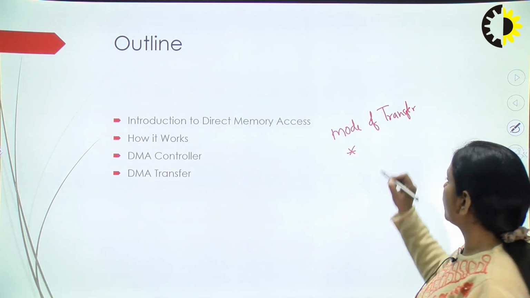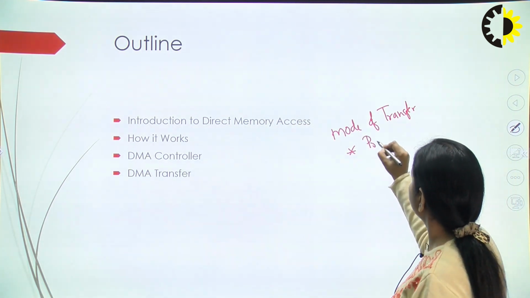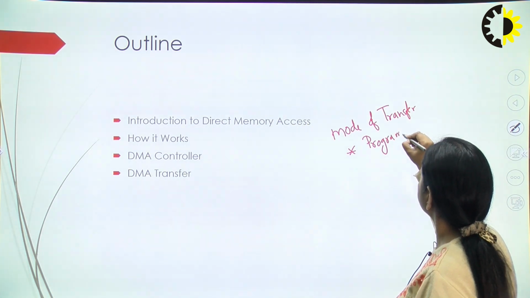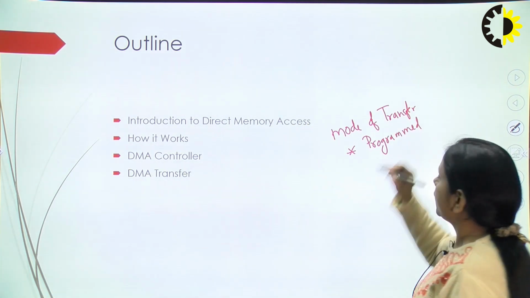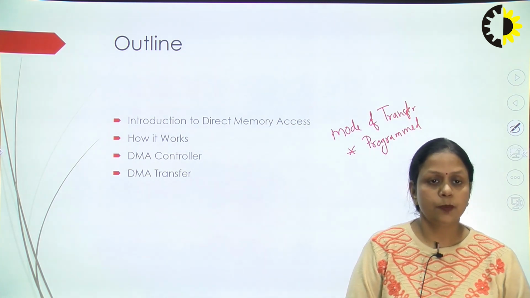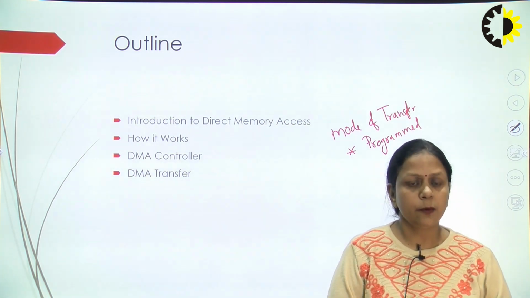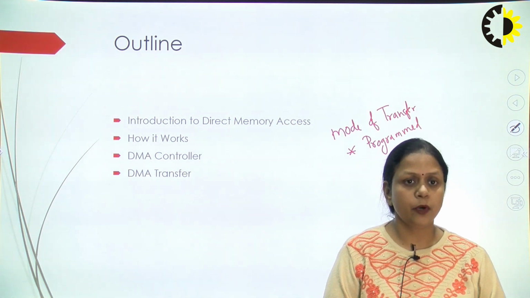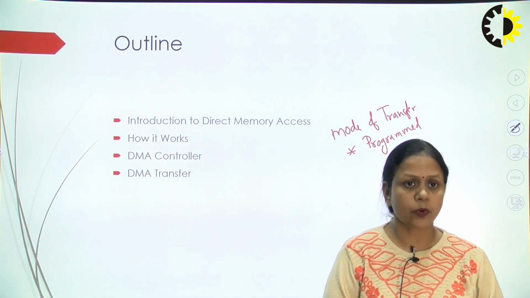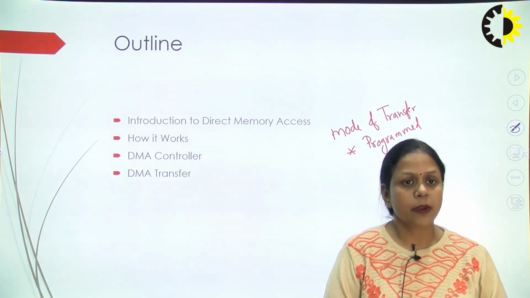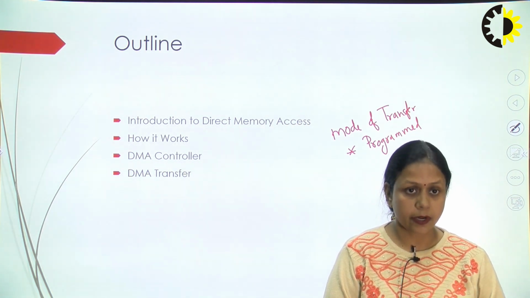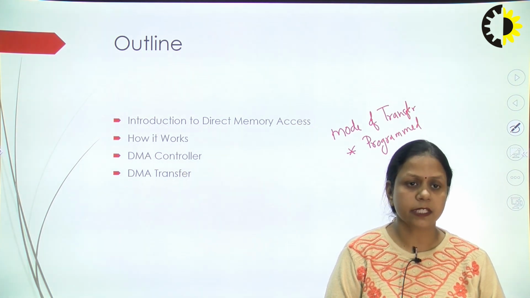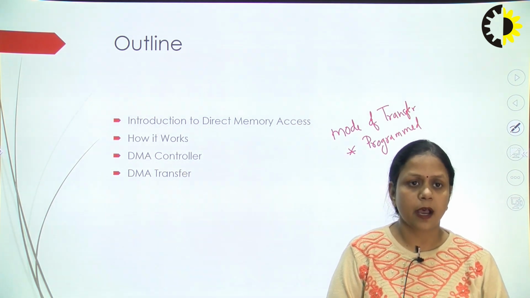First one is programmed I/O. In programmed I/O, the CPU always checks the input output registers to see if the input output devices are ready to transfer or not. If the devices are not ready to transfer the data, then the CPU will be idle. So, this is the main disadvantage of programmed I/O.